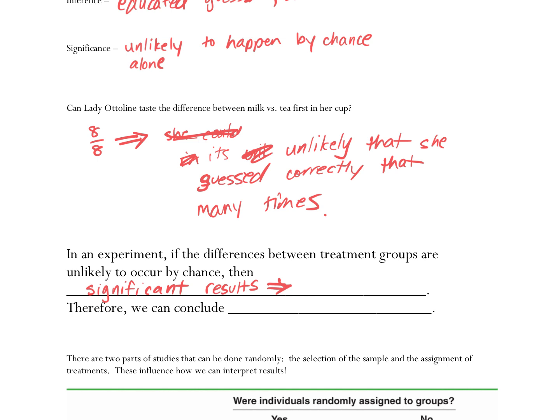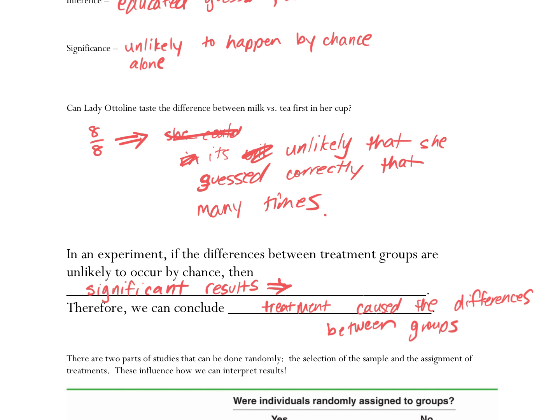And when we have those significant results, we can say the treatments caused the differences between the groups. In other words, we can conclude cause and effect.